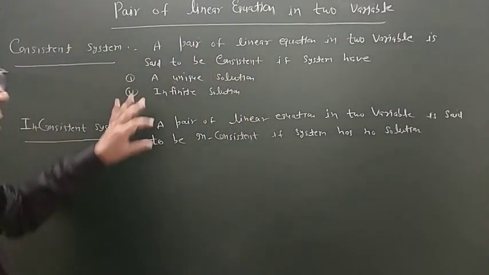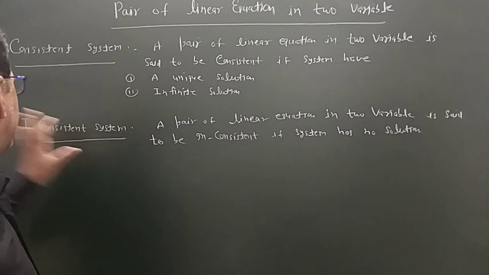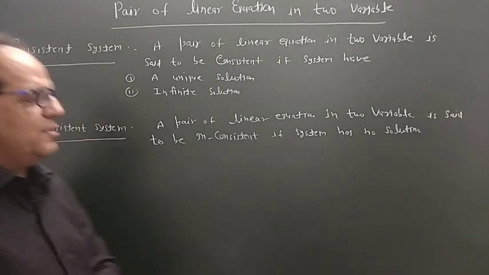So if the pair of linear equations has no solution, then we can say the system is an inconsistent system.